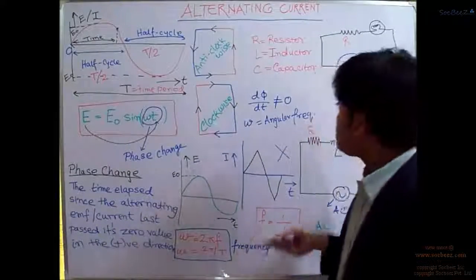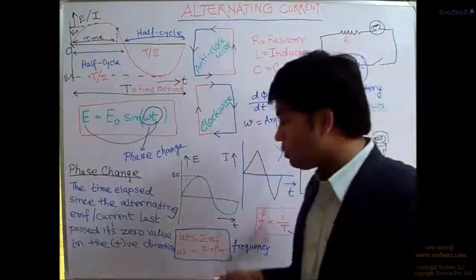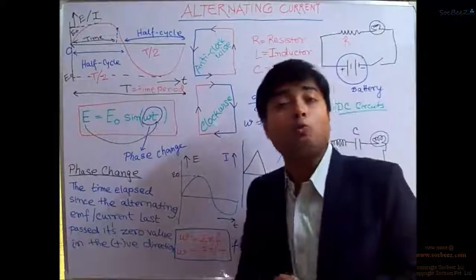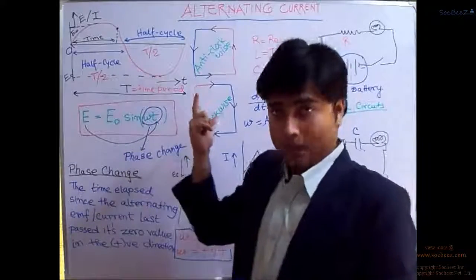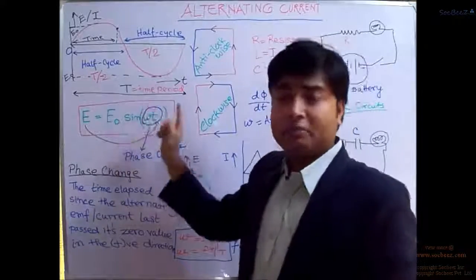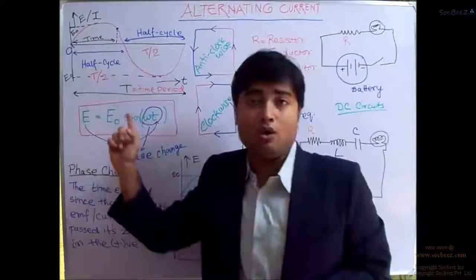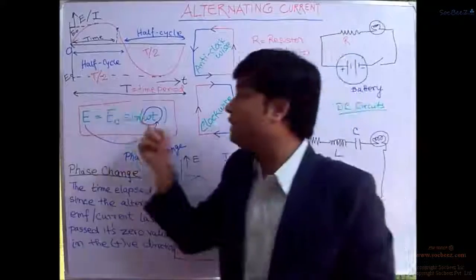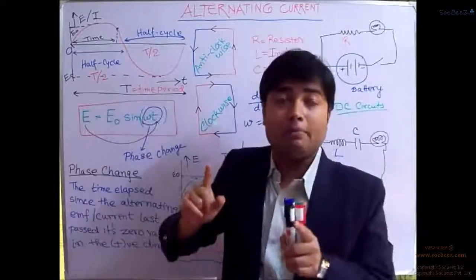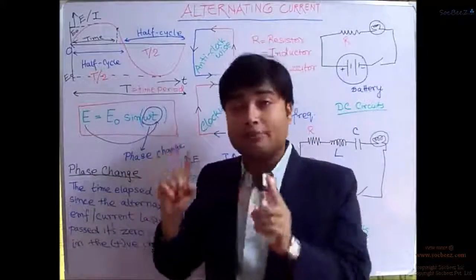So omega will be the angular frequency. The formula would be 2 pi f, or 2 pi divided by capital T, where capital T is the time period, right? And the sine of this angle, when multiplied by the peak value of the alternating EMF or alternating current, gives us the value of the alternating EMF or the alternating current respectively.